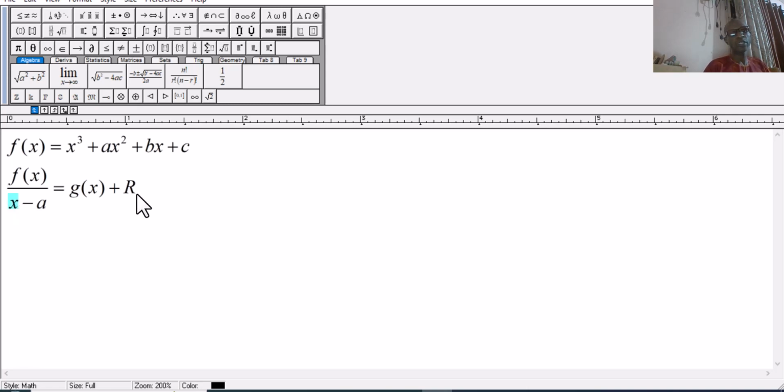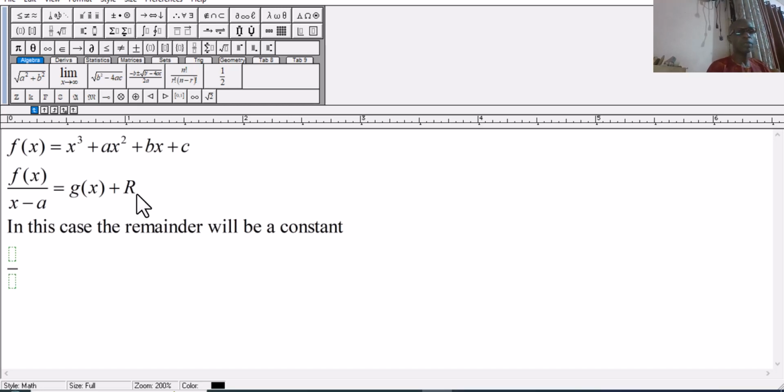So we are going to get a constant. So in this case, the remainder will be a constant.